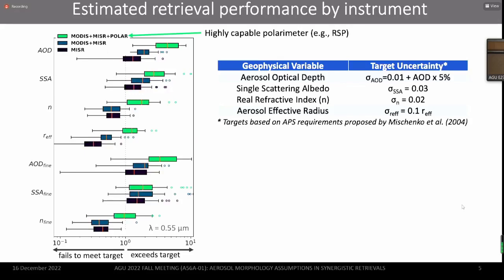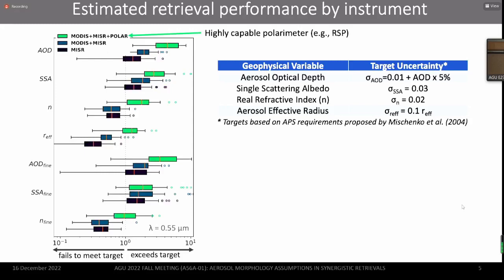So this is just summarizing those results. I've contextualized them against the uncertainty targets that were presented by Mishchenko in his 2004 paper for climate studies, just to put them all on the same scale. Each one of these bars represents the distribution of error for that particular measurement and that particular variable.